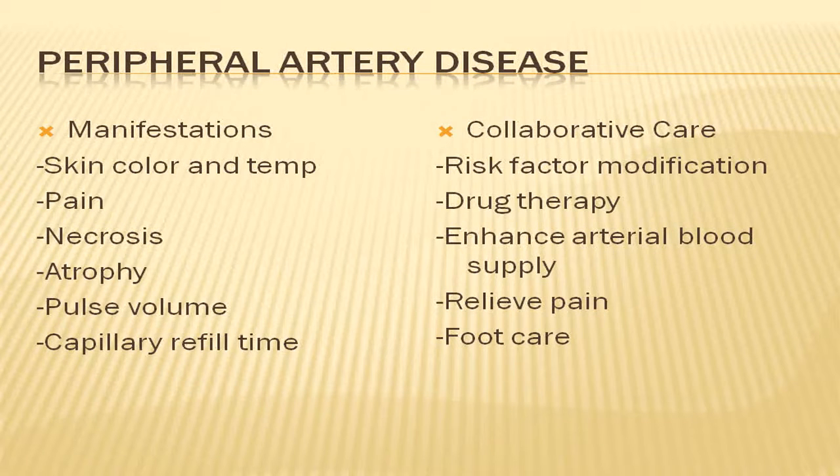We've talked about smoking causing vasoconstriction. Well, this person already has decreased blood flow because the arteries are sick, so we don't need vasoconstriction to also limit the amount of blood that's circulating to that lower extremity. So we want this person to stop smoking, and we know that there are different medications out on the market now that assist people with smoking cessation.